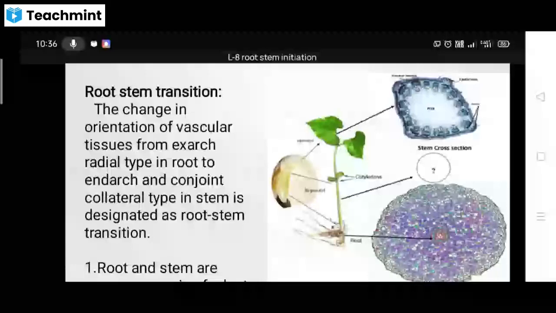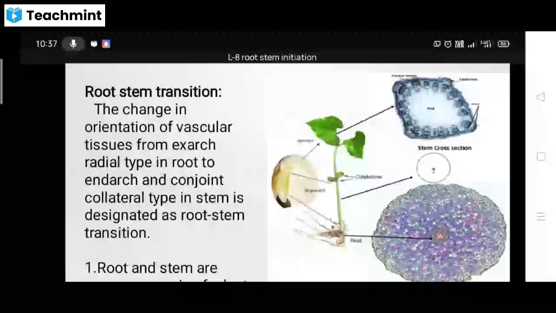So first in the plant, the shoot and root are formed from the seeds. Here we discuss what type of changes take place in the root and stem anatomically. In the root-stem transition, changes take place in the orientation of the vascular tissues.